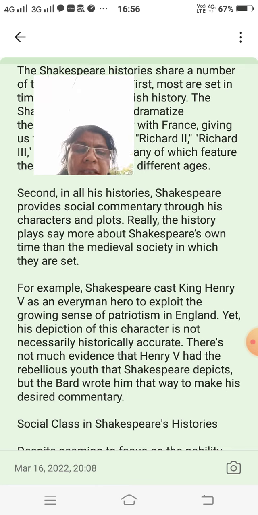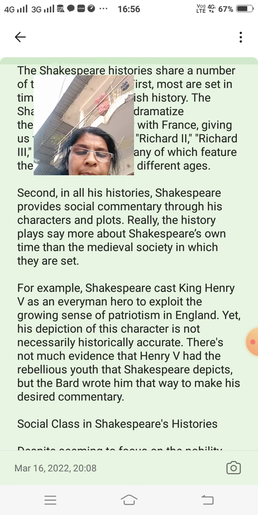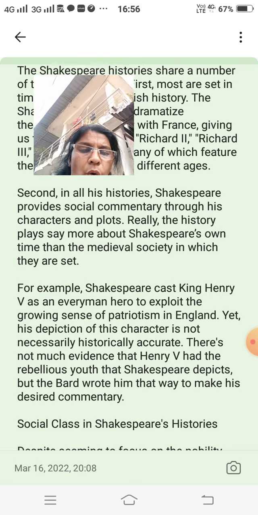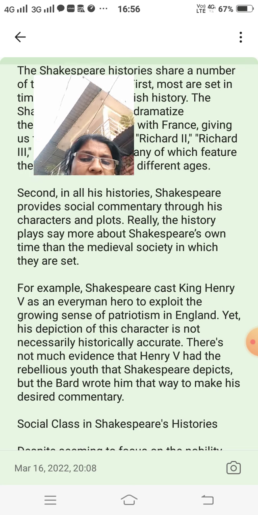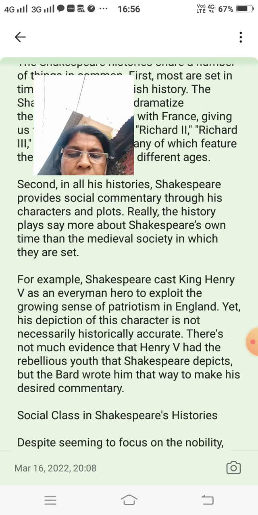There is not much evidence that Henry V had the rebellious youth that Shakespeare depicts, but the Bard wrote him that way to make his desired commentary.